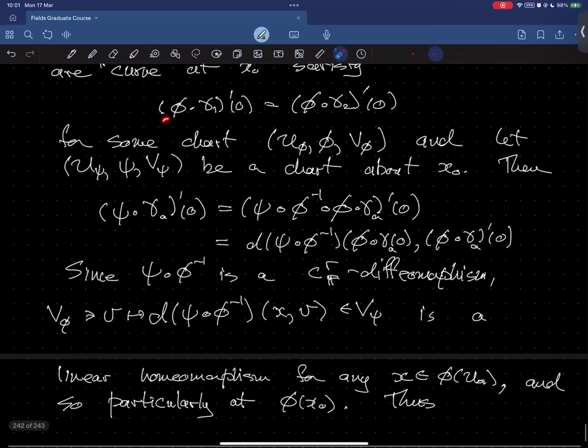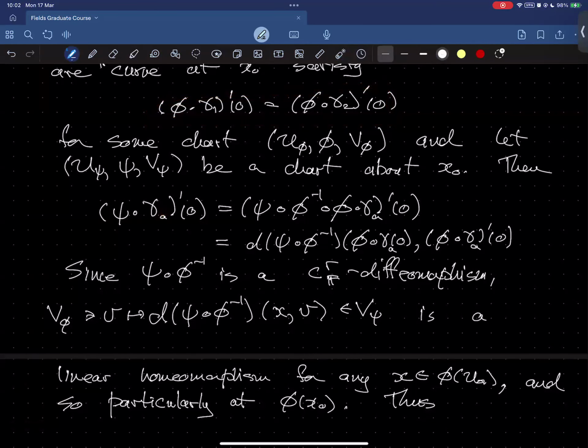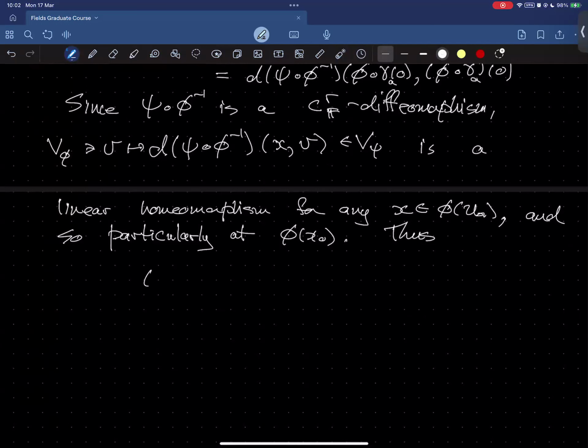If this is true, then it'll be true for the psi composed with gammas as well.